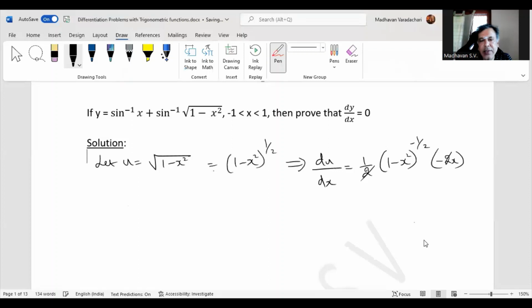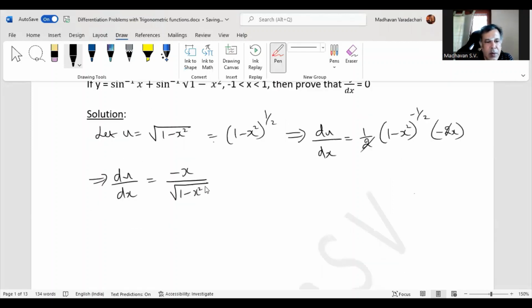This 2 and this 2 get cancelled. So our du by dx is minus x divided by, since it is minus half power, if I bring it to the denominator, it will become positive half, or I can simply write it as 1 minus x square.